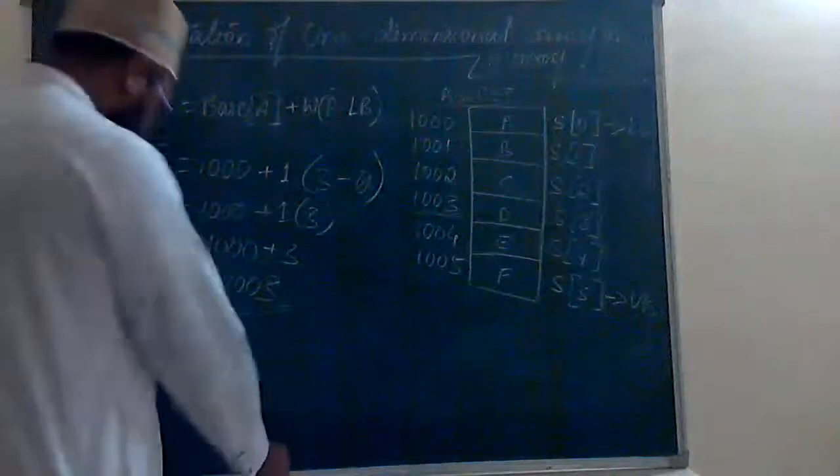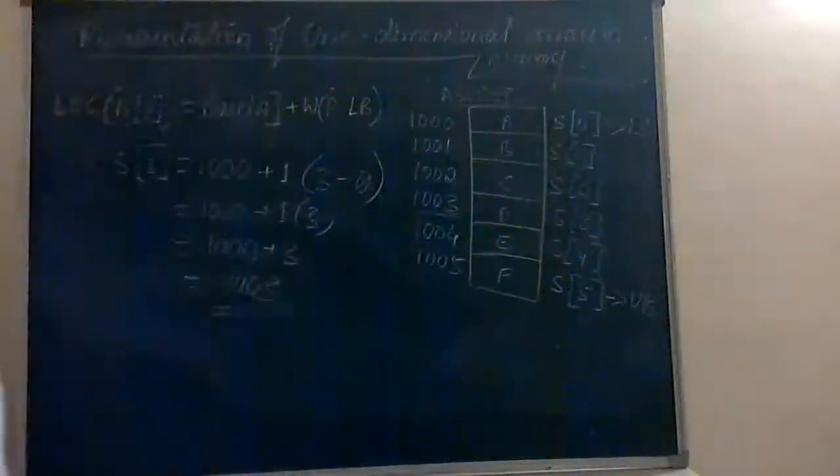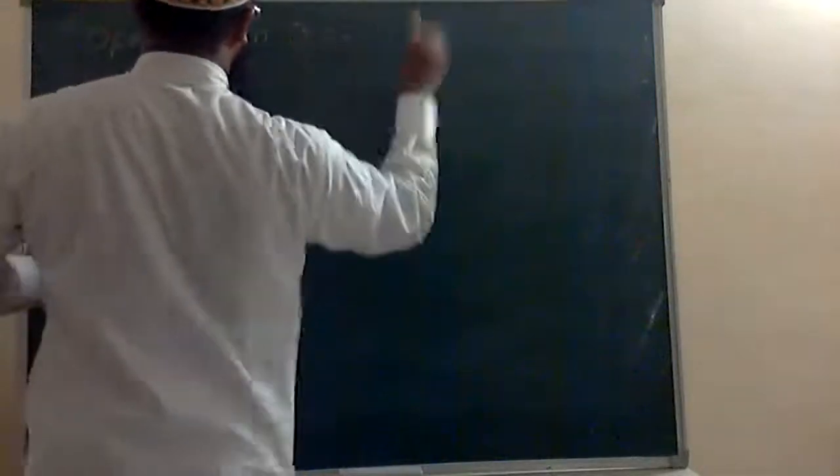Okay, dear students, as we have done some operations on primitive data structures and non-linear data structures, same as here also, now we are going to do some operations on a one-dimensional array.